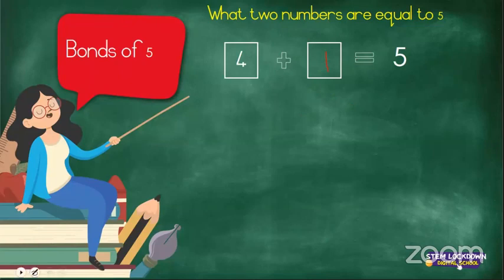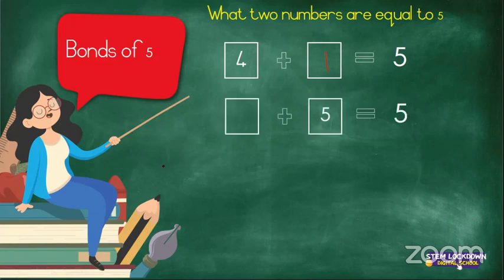All right. Let's go and have a look at this one. This one is a little bit tricky. So have a look very carefully. We've got an empty block plus 5 equals 5. Who thinks they know what number we are going to put in this block over here?